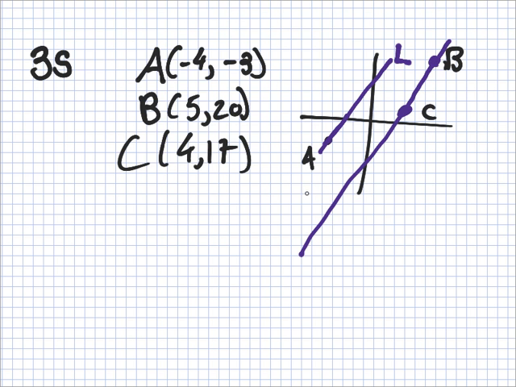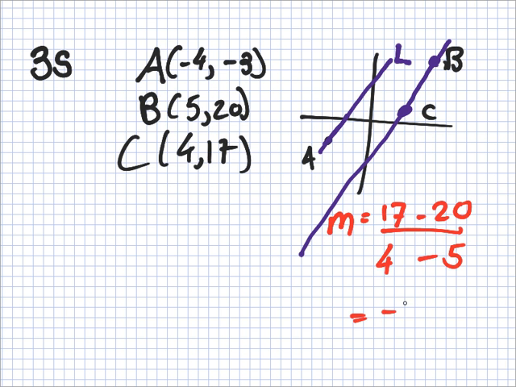So, what should I do first here? Y minus y, yeah, on which points though? B and C. I should get the slope between B and C. So here I have m equals (y2 minus y1) over (x2 minus x1).